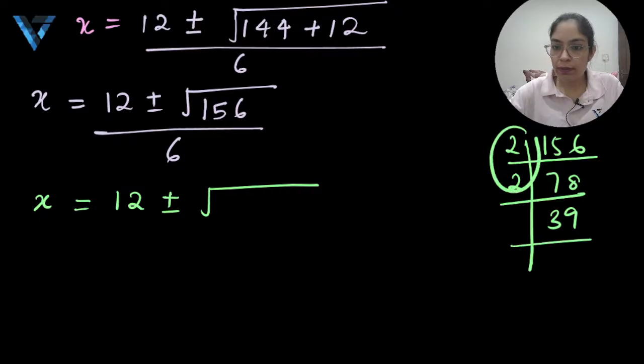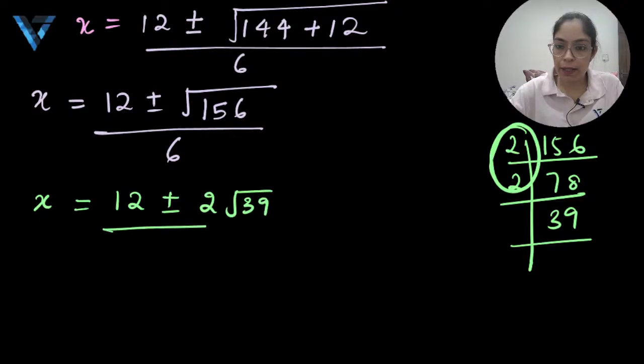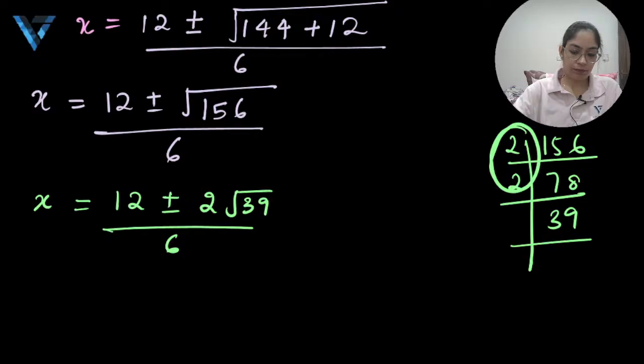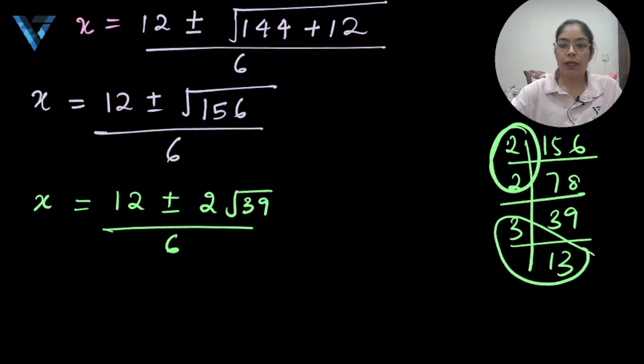So 2 twos we can take out, and here we will get 2 root 39 by 6. 3 into 13, here we are not getting any pair. So a pair we will take out of the root as one number. So we will get root 156 value as 2 root 39.